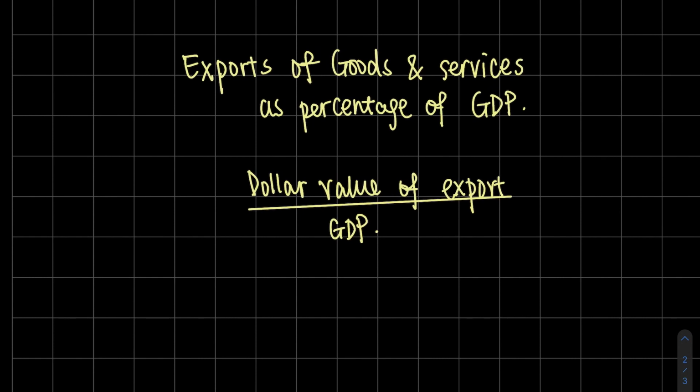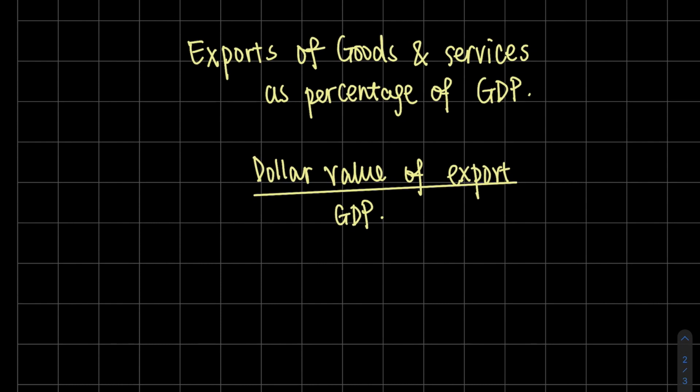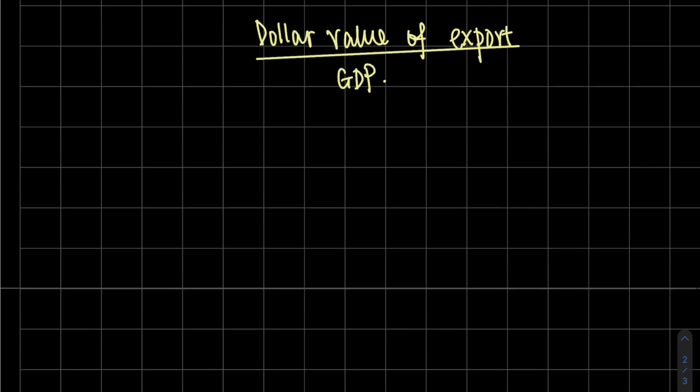Okay, that's it. And then let me introduce the trade balances and the flows of financial capital. Financial capital is the international flows of money that facilitate trade and investment.